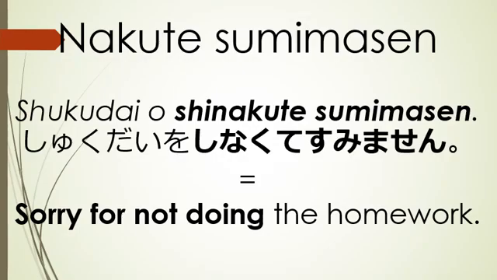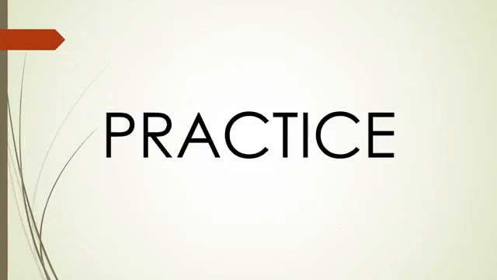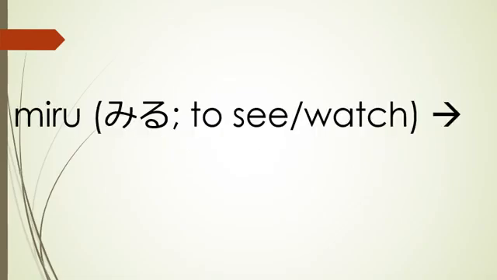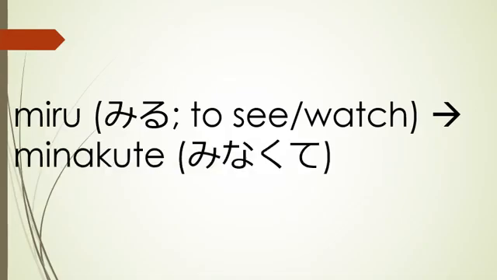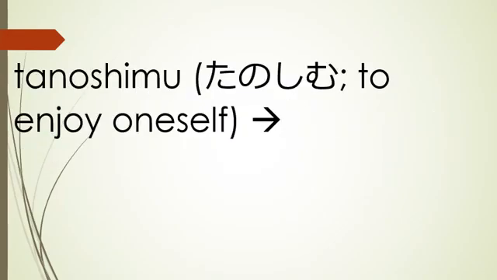So now we're going to practice using what we've learned. To start out, I'm just going to have you convert some verbs into Nakute form. Then we'll move on to sentences. So our first verb is miru, to see or to watch. And this would become minakute. Next, we have tanoshimu, which means to enjoy oneself.